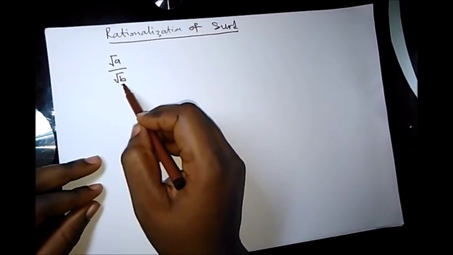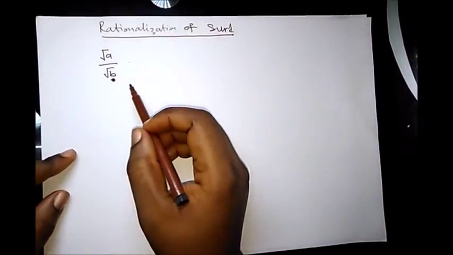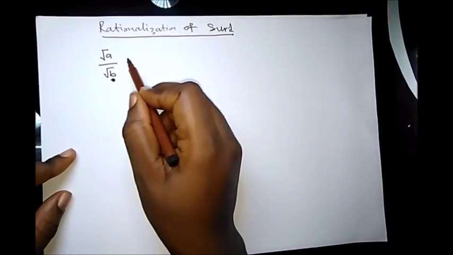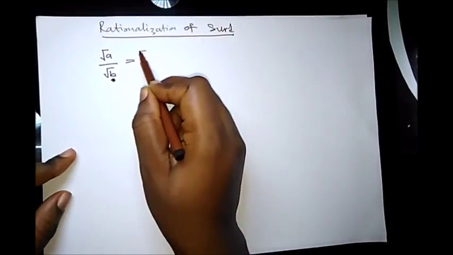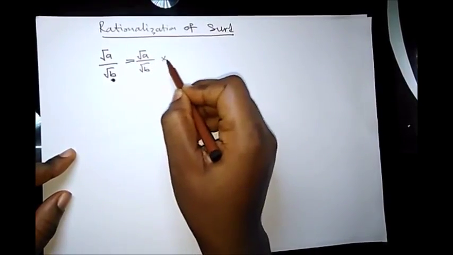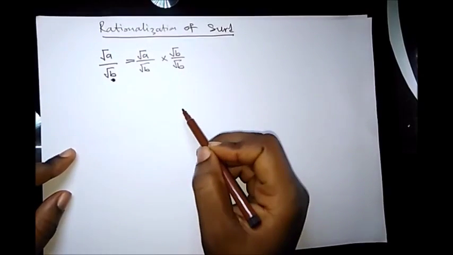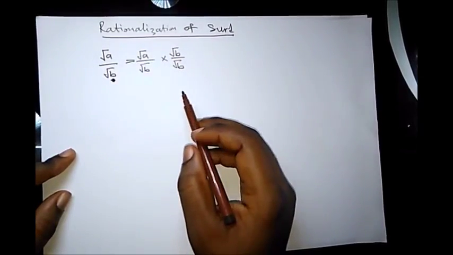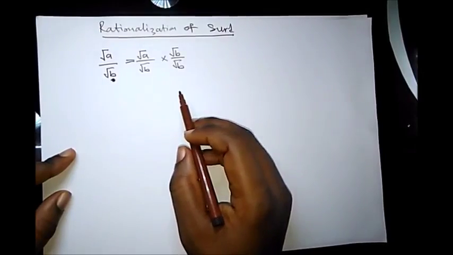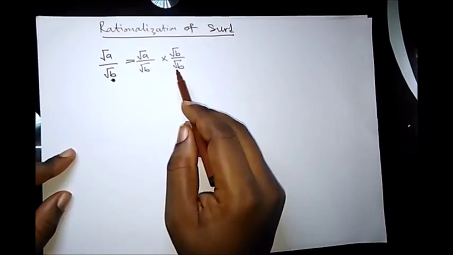We have to multiply the fraction by the denominator. So we have this, root a over square root b multiplied by square root b over square root b.